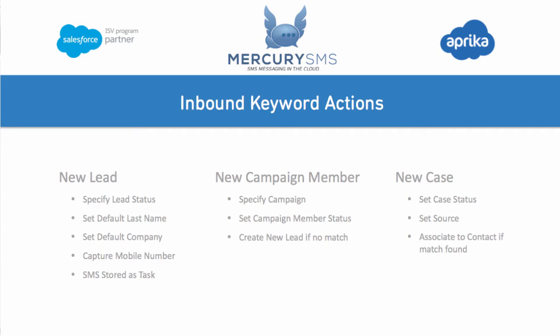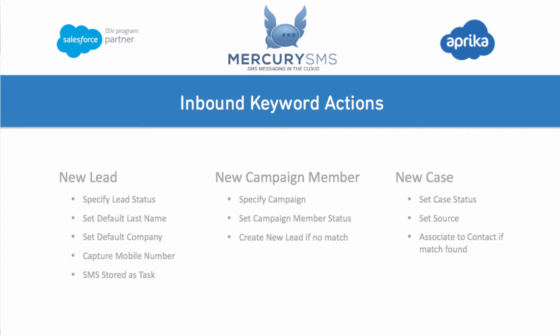And if there is no existing lead or contact found matching the inbound message, a new lead can be created as well. Finally, when you create a new case, you set the status, the source, and if the inbound message is received from a contact within Salesforce, the contact will be associated to the case as well.